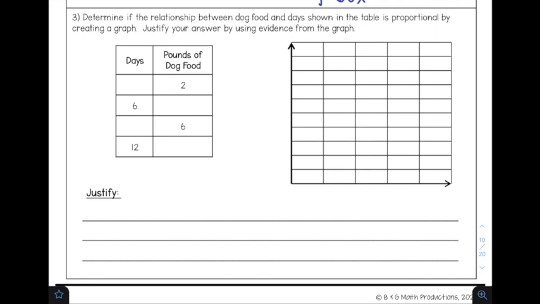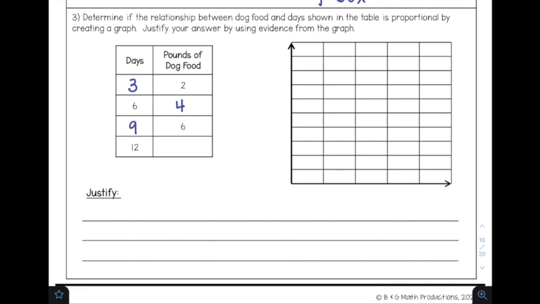So for number 3, there's some information that you will need to finish the problem. So for here, you have 3 days and 2 pounds of food. For 6 days, there's 4 pounds of food.